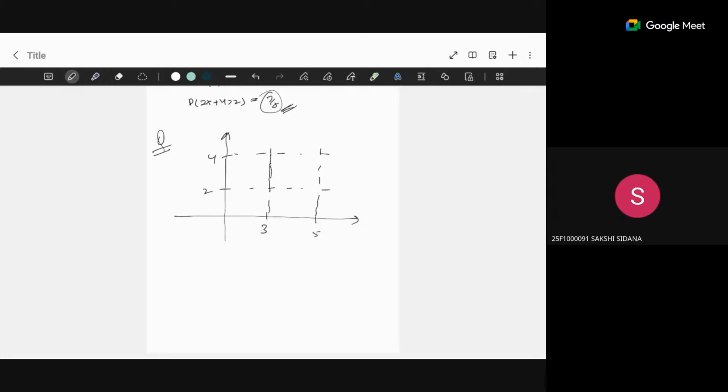So I need to find this area, right? This is the figure. Yes or no?